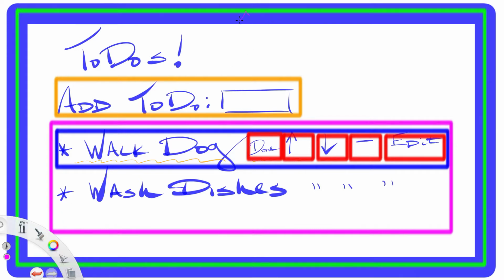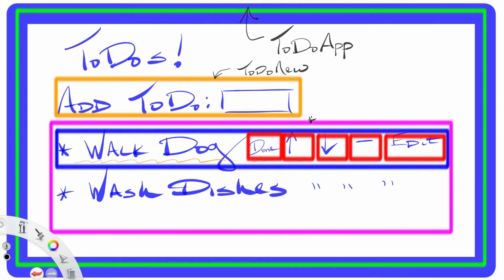First of all, our root app here, we will name, let me just change this to black. Let's name our root app ToDo app. Okay. And then we'll name this guy ToDo new.